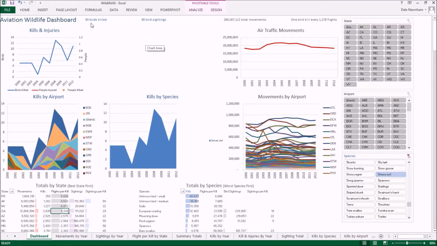But there are a total of 93 owls killed over the 12-year period. Boston, JFK and Bangor, Maine are the main airports where kills are experienced. And JFK is actually the airport which was covered in the newspaper story that we showed earlier.